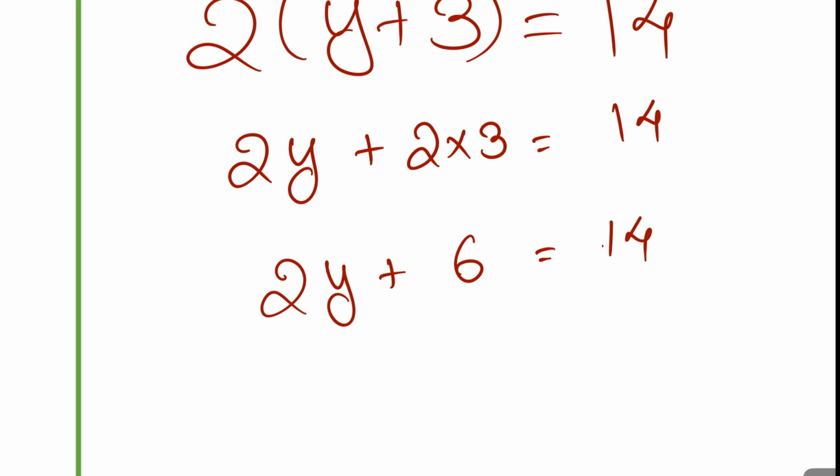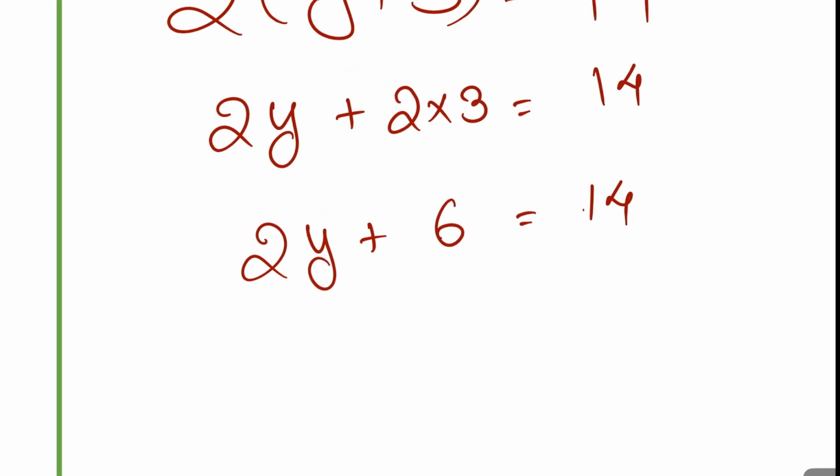So first you have to move the 6 to the right hand side and subtract. The positive sign becomes negative when 6 is going to the right hand side, and after that you have to divide with the 2. Okay, let's see. So 2y plus 6 equal 14.